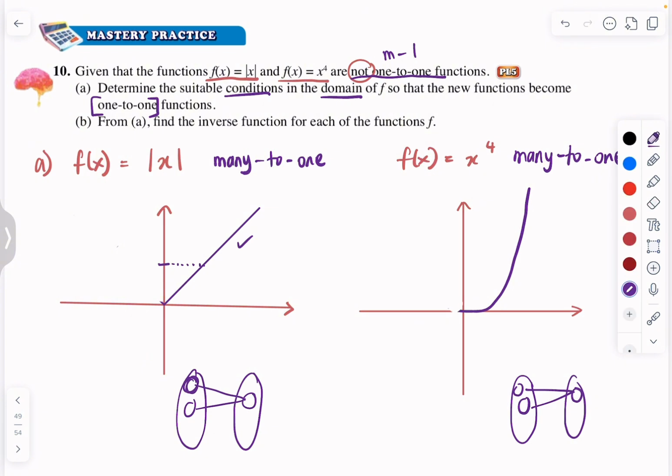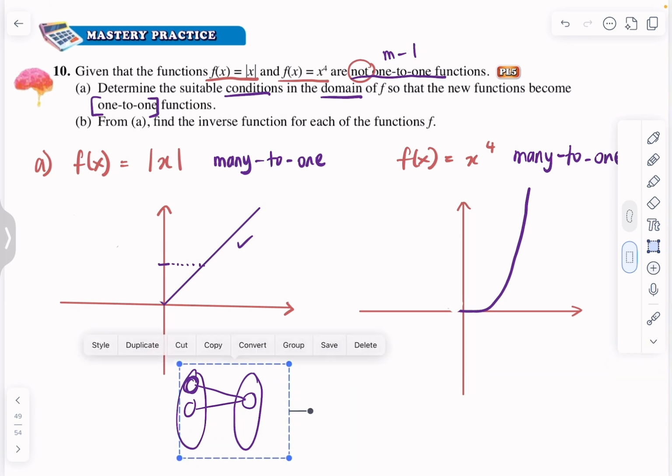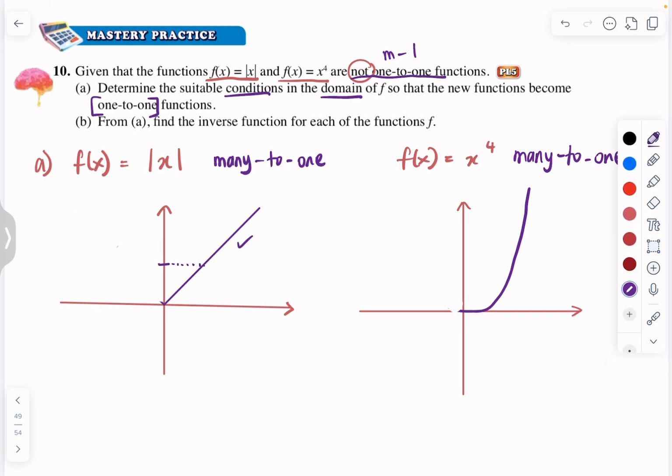So what we can do now is determine the domain. Okay, so the domain will be x more than or equal to 0. So for x ≥ 0, it will be one-to-one. Same for this: if x ≥ 0, it's one-to-one.